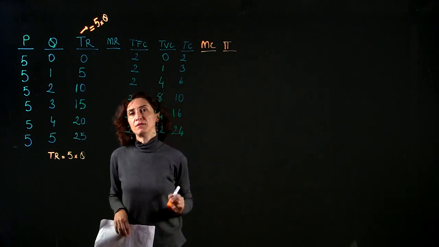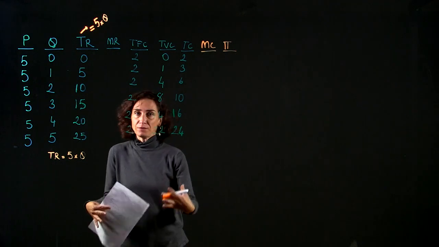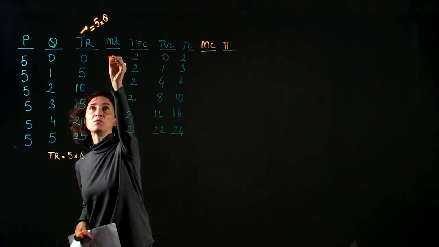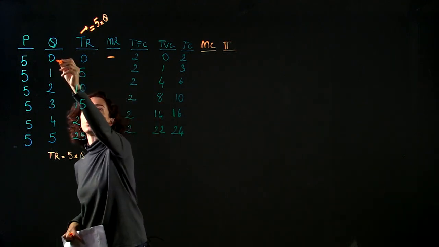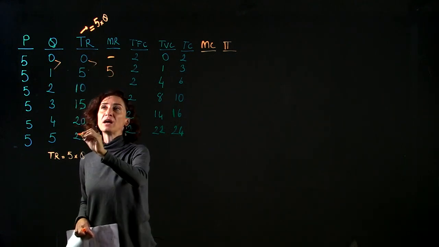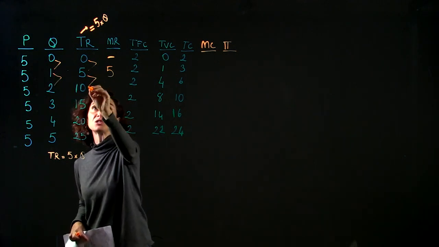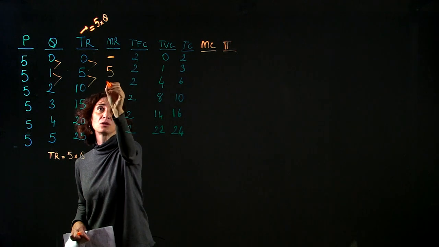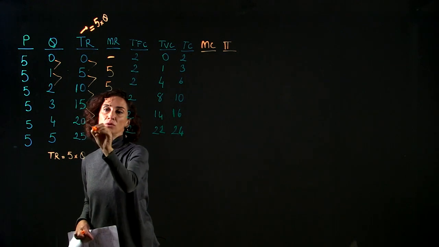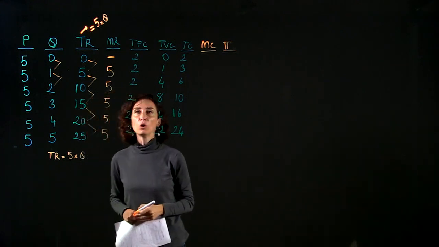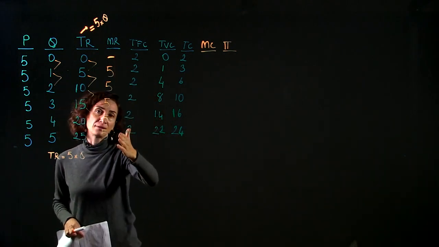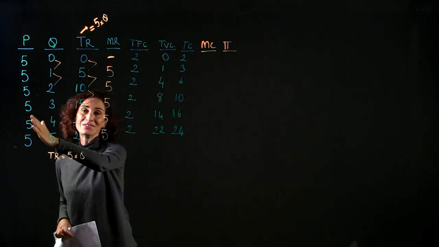Now, what is marginal revenue? Marginal revenue, by definition, is the change in total revenue in response to a change in quantity. So when I increase output by 1, what is the change in total revenue? When I increase output from 1 to 2, what is the change? So what can we say about marginal revenue? Marginal revenue is constant and it is equal to price.